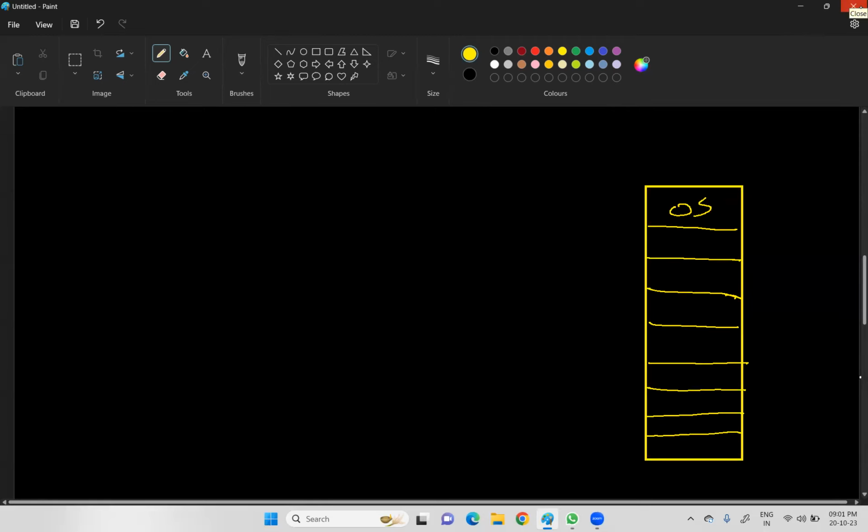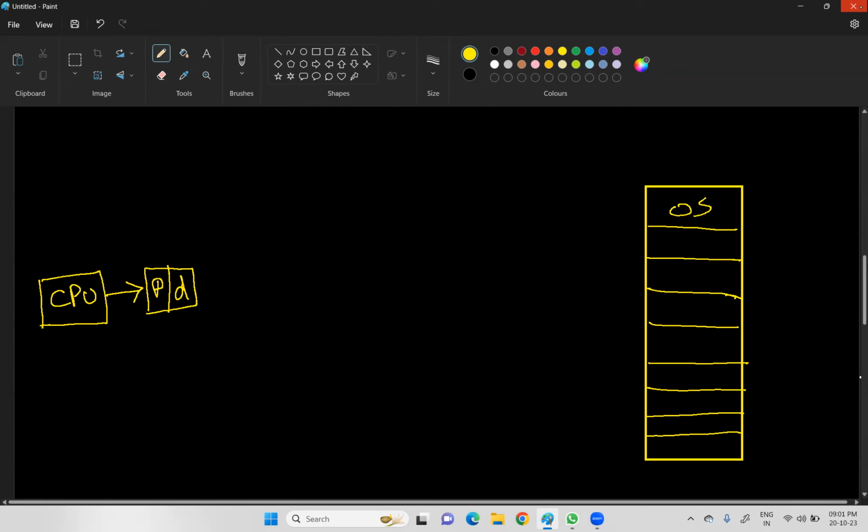The CPU wants to execute a particular process here. It always generates a logical address, something like this. The logical address will be the page number followed by the displacement. How will the instruction be fetched?